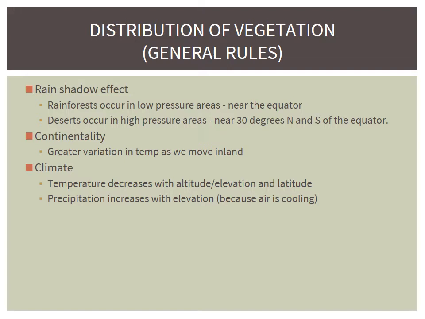Okay, so continentality, as I mentioned, how far inland something is. So a place like Kansas, which is hundreds of miles away from the coast, is going to have a different climate, different biogeographic features than a place like Maine or Alaska or Florida or California, all places where there's a long coastal area.